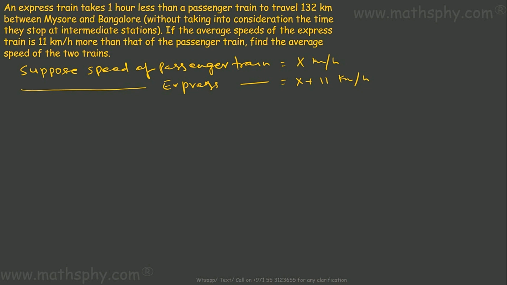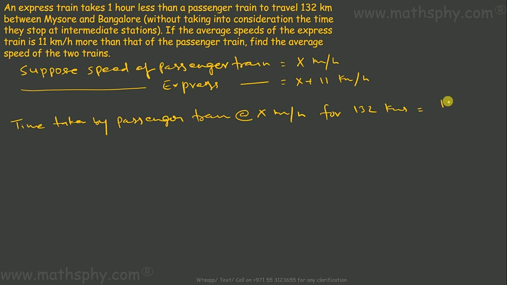Now it says express train takes 1 hour less than the passenger train to travel 132 kilometers. So I'll write this way. Time taken by passenger train at x kilometer per hour for 132 kilometers. That would be distance, which is 132 kilometers, over speed x kilometer per hour.